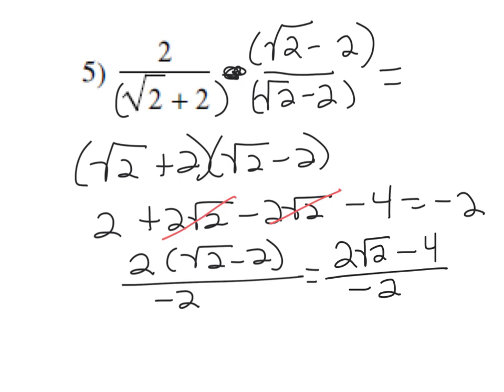So my last step for this one is to simplify this very last rational expression, and I'm going to divide 2 by negative 2. That gives me negative 1. So I have a negative root 2 minus, and then negative 4 divided by negative 2 is just positive 2. And that's going to be my final answer for that one.